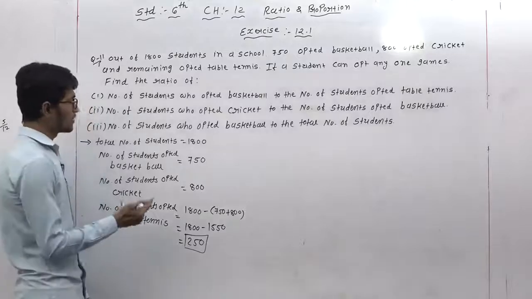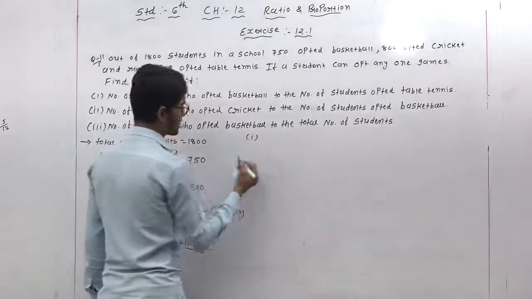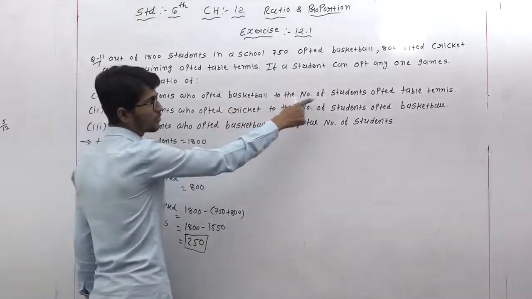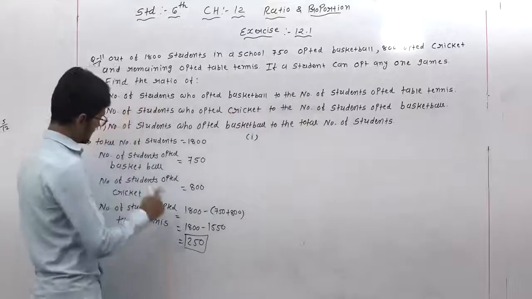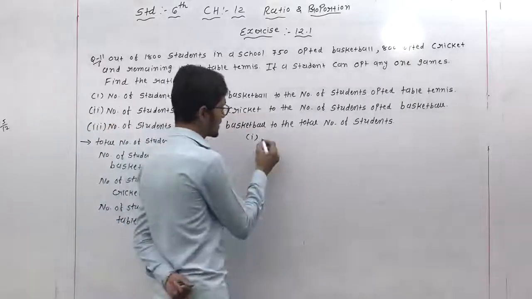Okay, now we have to find the ratio. So first of all, the first questions, number of students who opted by basketball to the number of students opted by table tennis, yani ki basketball and table tennis, we have to find the ratio. So let's start.